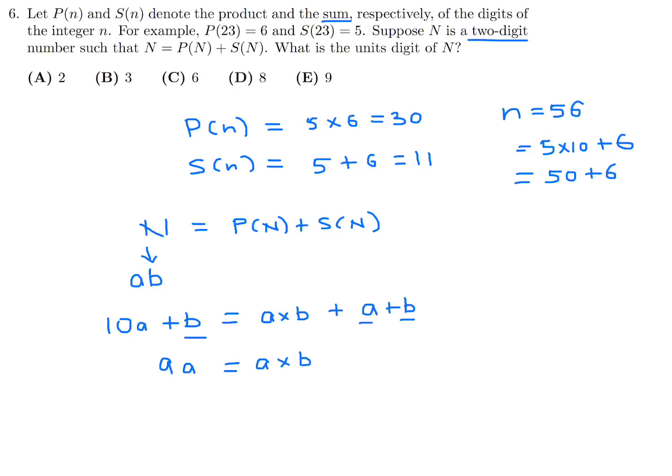Then if you divide both sides by A, you'll get 9 equal to B. So this number is AB, and we don't know A, but B is equal to 9. And that's basically what they're asking. What is the units digit of n? The units digit of n is 9. So the answer to number 6 is E.